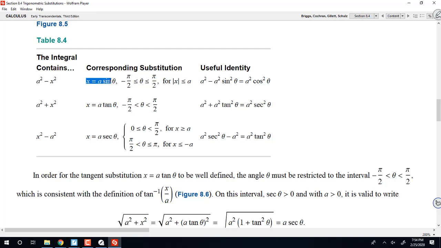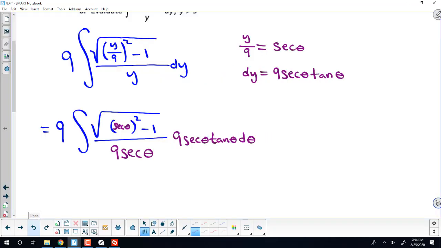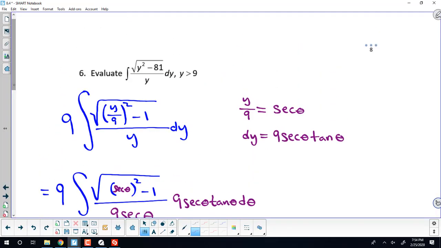For us, what it boils down to is we don't have to worry about it, because in certain instances where normally we would worry about it, like in this one, the y greater than 9 allows us to bypass the positive and the negative when we take the square root and just look at the positive.